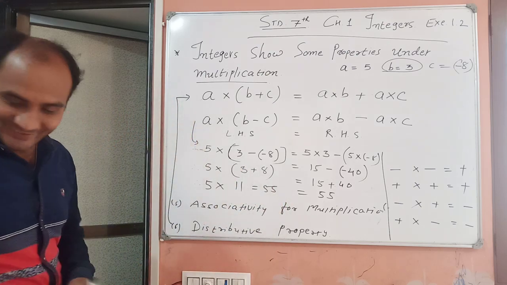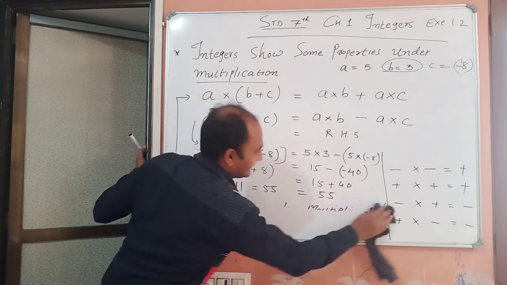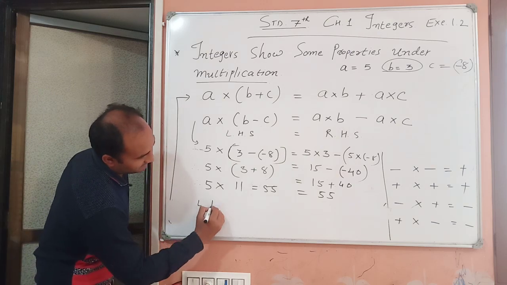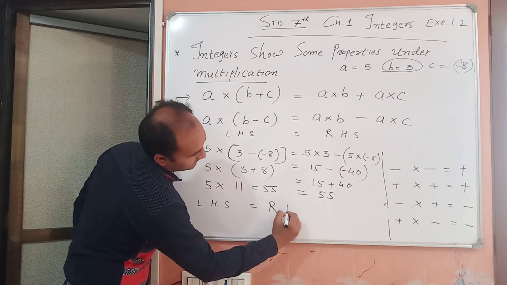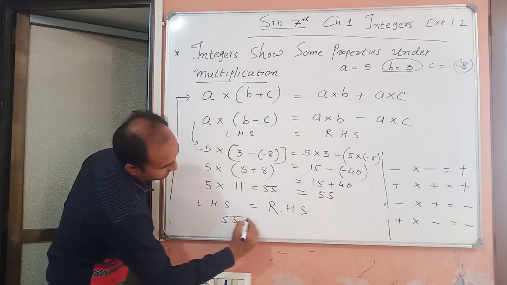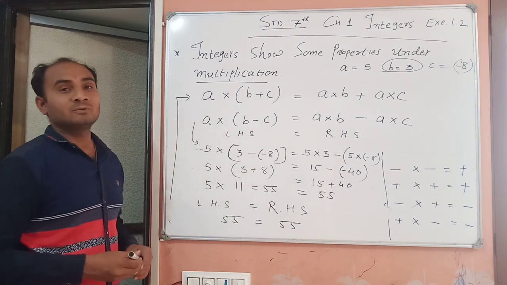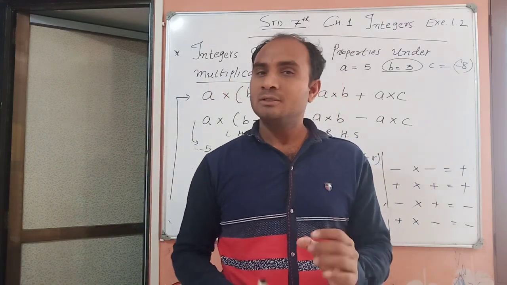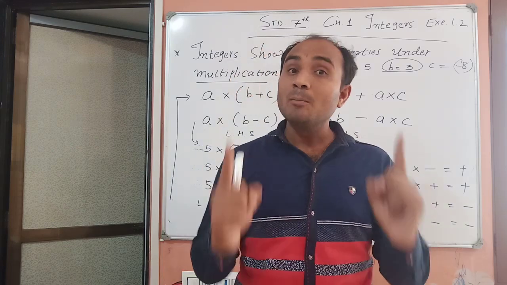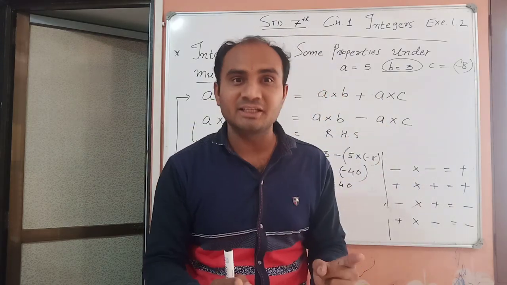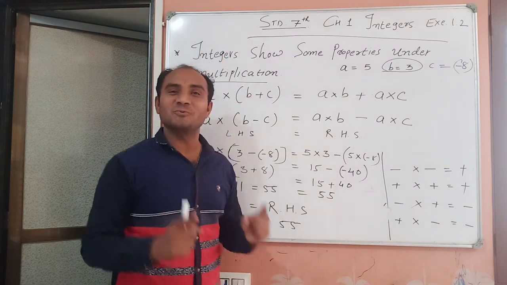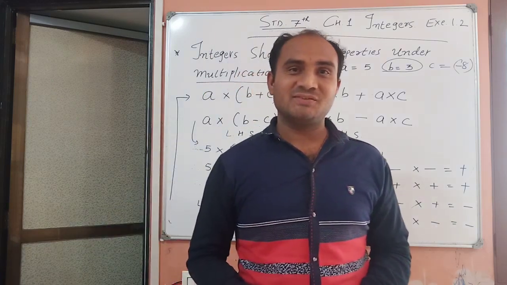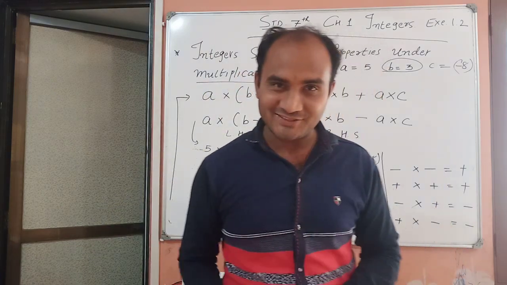And so left hand side is equal to right hand side. That means 55 is equal to 55. So remember, it is a very important chapter. If you don't know the symbols properly, you will make these types of mistakes. So do more and more practice and get the correct answer.